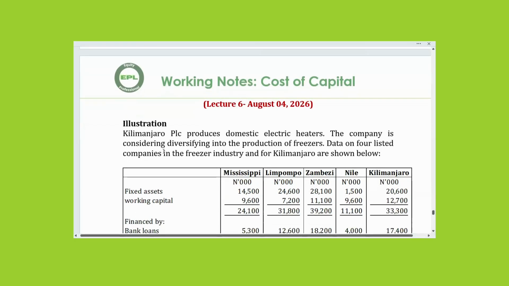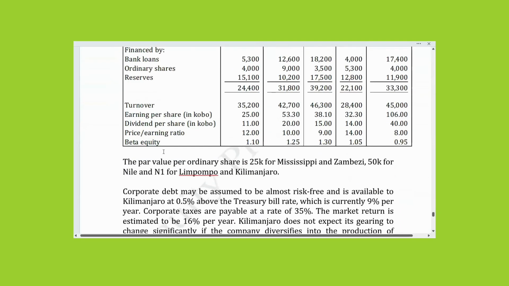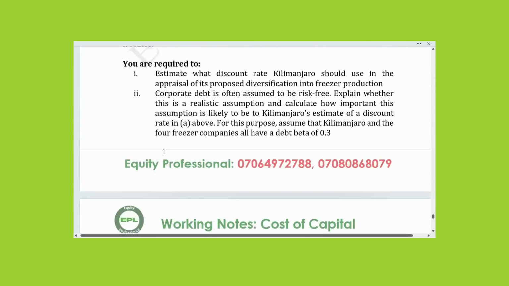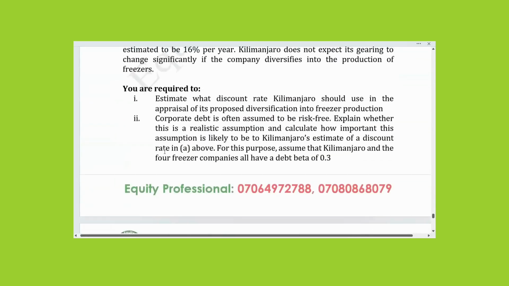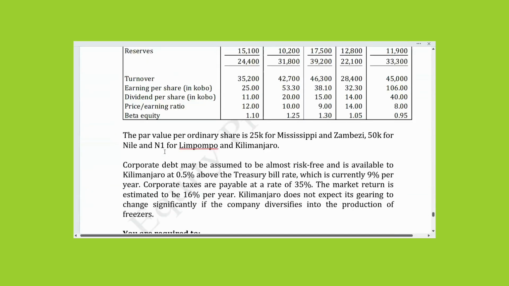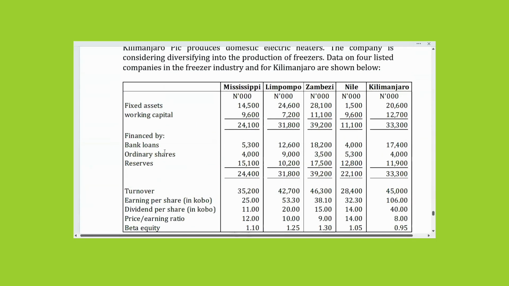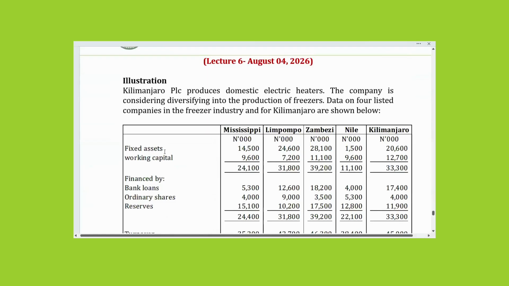So now that we know when you are expected to calculate project-specific WACC, let's have an illustration to demonstrate that. My target is to complete this within the next 1 hour. Then we'll spend the remaining 1 hour to discuss the next topic.